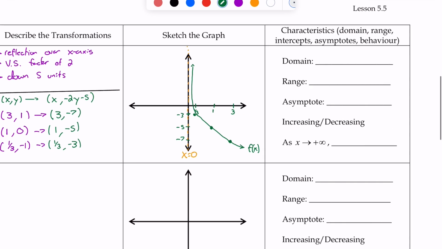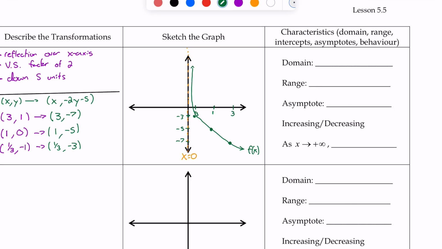Now let's state our characteristics by just looking at the graph. We can see that we have a restriction on our x, and the curve is on the right-hand side of the asymptote. That means your x has to be bigger than whatever that asymptote is. Your range is y belongs to real numbers.